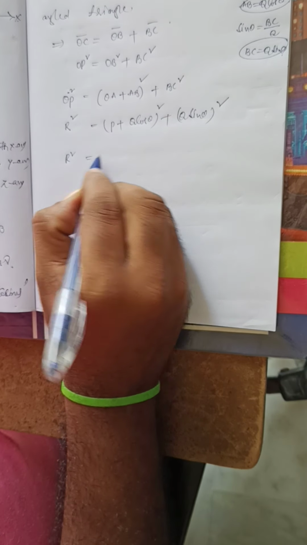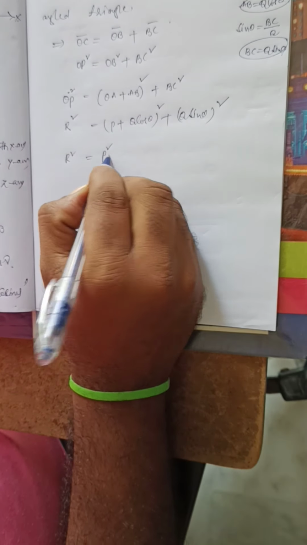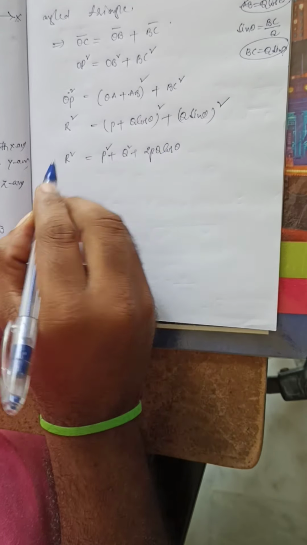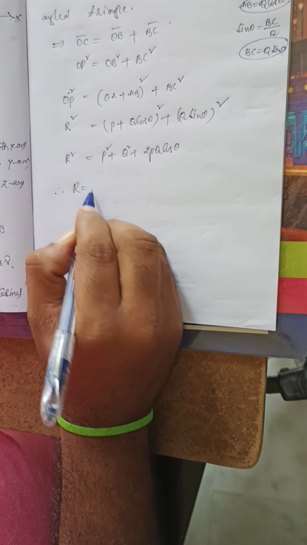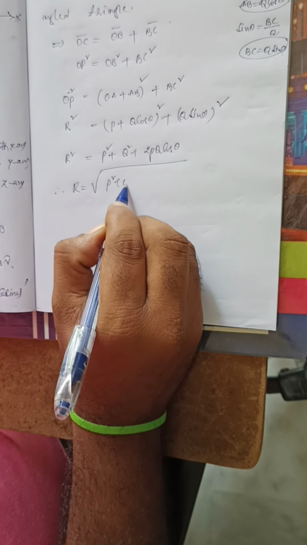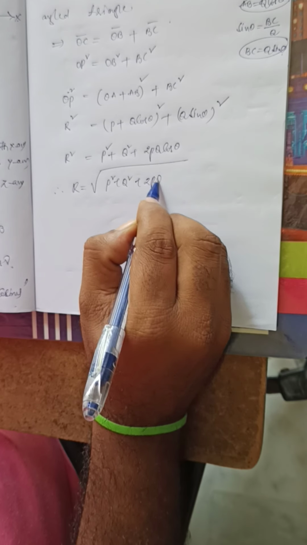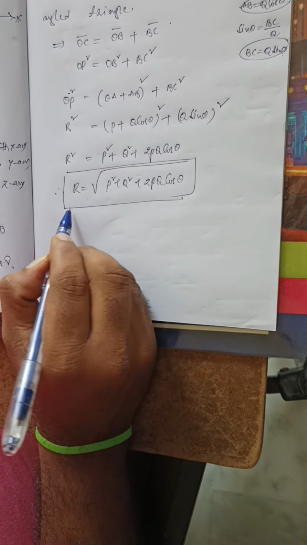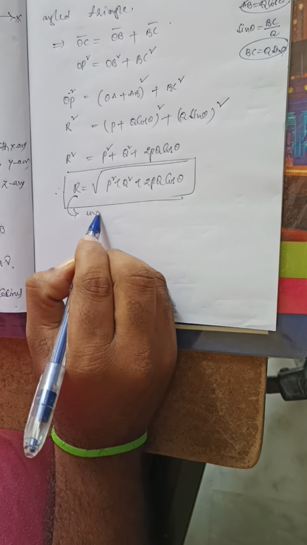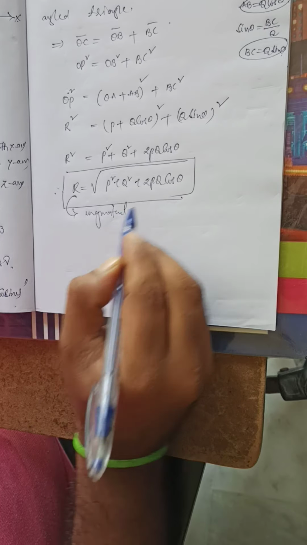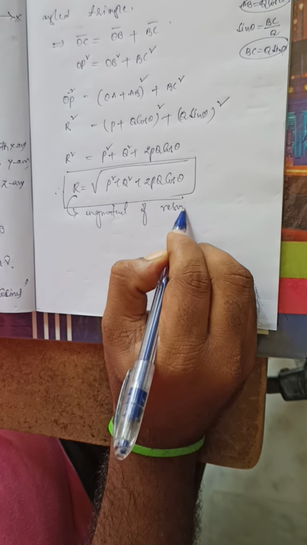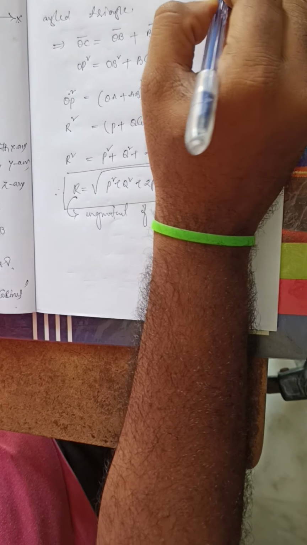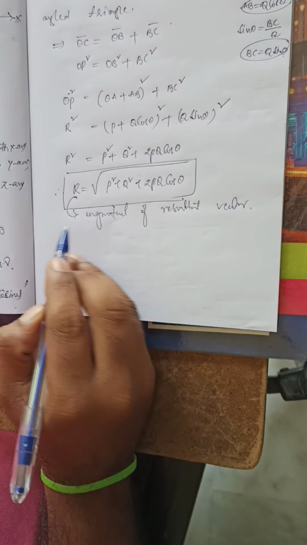Therefore R square, after simplifying, is equal to P square plus Q square plus 2PQ cos theta. So R is equal to the square root of P square plus Q square plus 2PQ cos theta. This is the magnitude of the resultant vector.